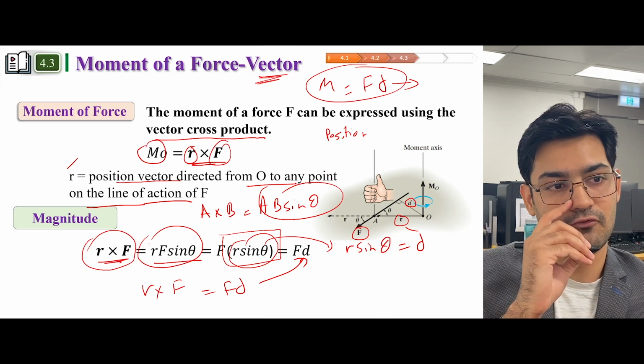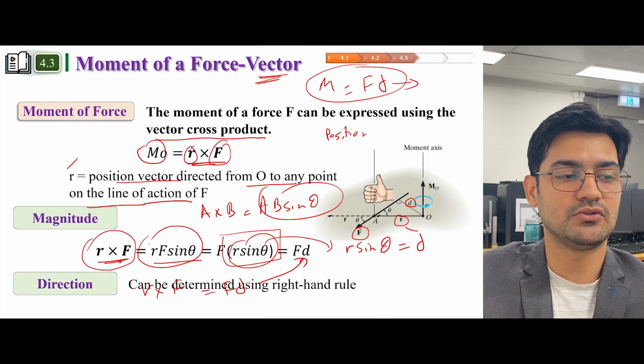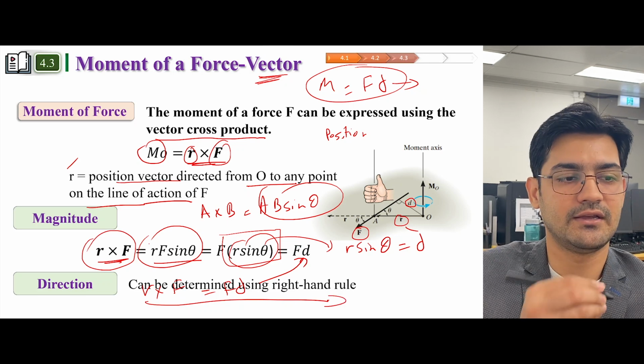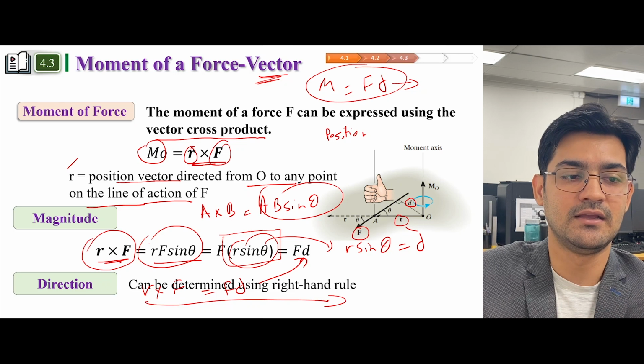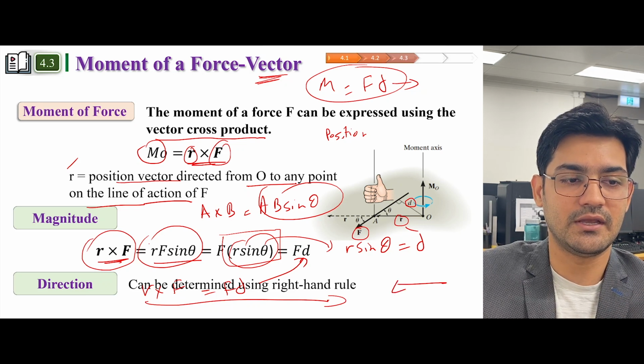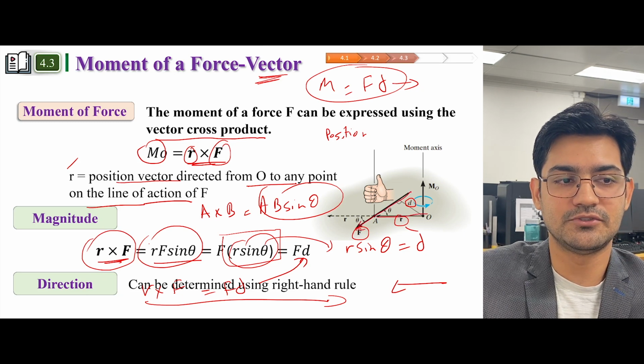But we are doing force vectors, so we also need something called direction. The direction can be calculated by using the right hand rule, and we have also done this in the previous slides, where you have one vector here, you have another vector. So this is a first vector, and this is another position vector.